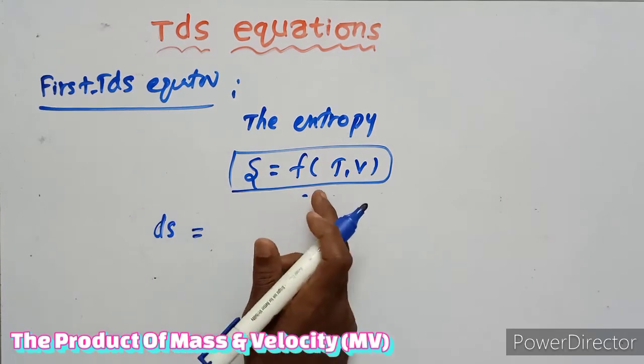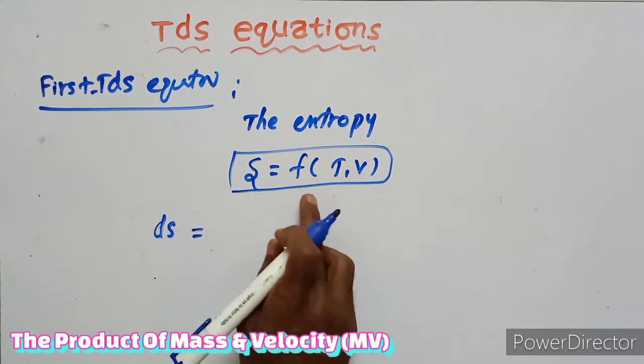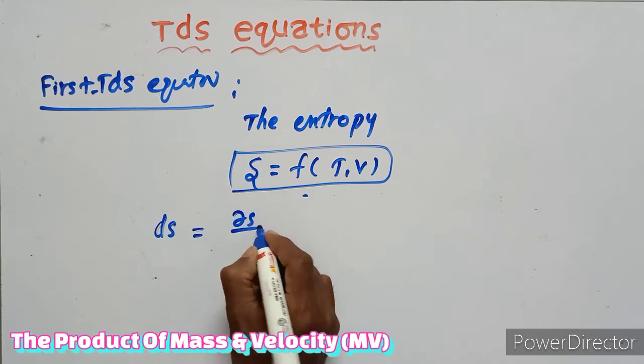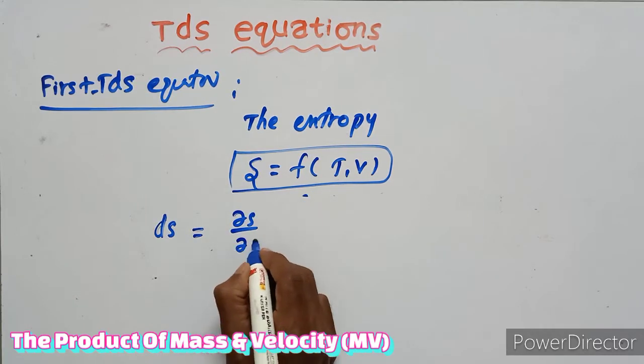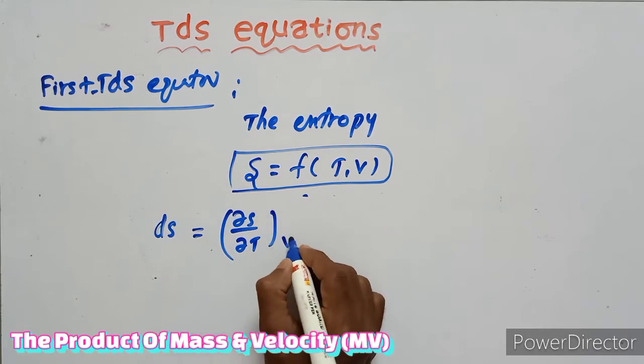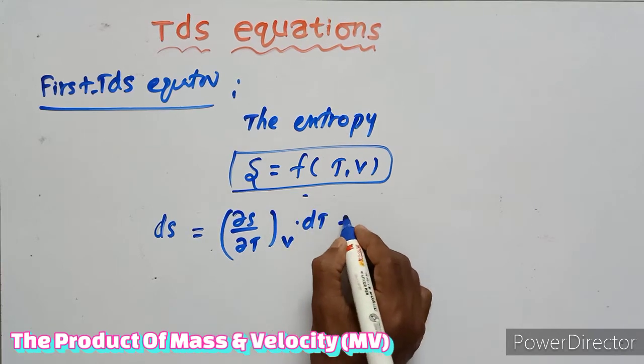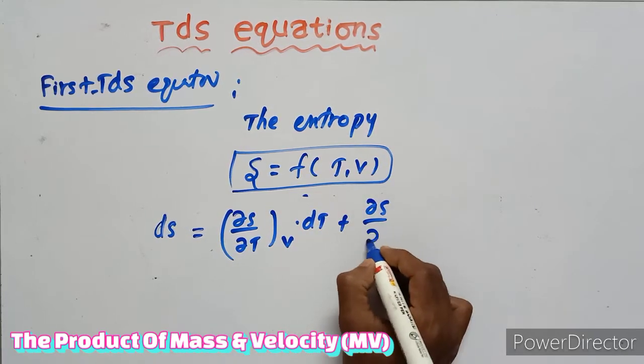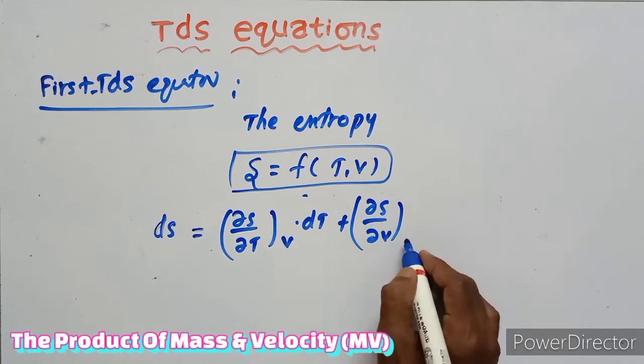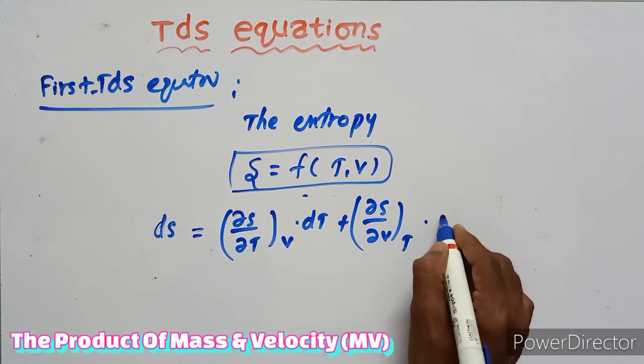So then the partial differentiation of this equation: ds equals dou s upon dou t at v into dt plus dou s upon dou v at t into dv.